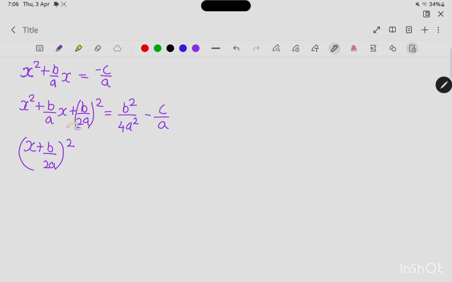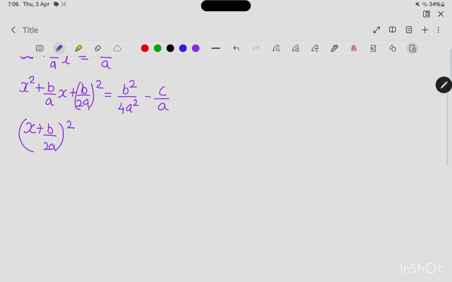Same thing, just switch the positions here and there. That's fine. Commutative property, but not in division or subtraction. It will mean something else. Now x plus b by 2a the whole square will give us b square by 4a square minus c by a. Now let's find a way to add these. To add these, a multiplied by 4a will be 4a square.